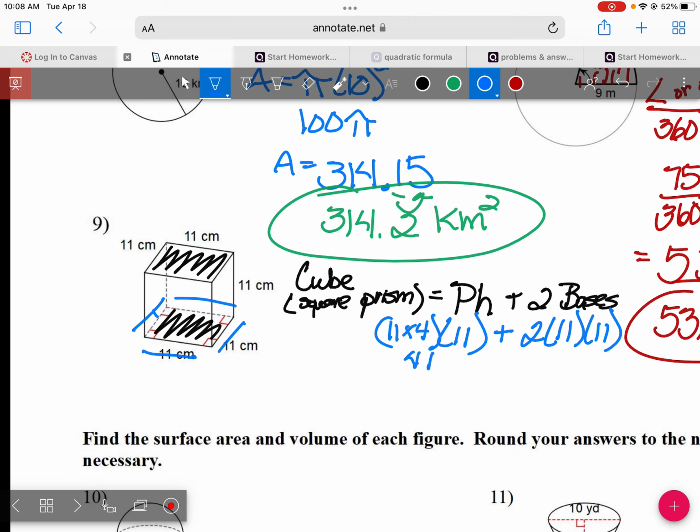So when you do this, you get 44 times 11 plus 22 times 11, and you're going to get a total of 726 centimeters squared.